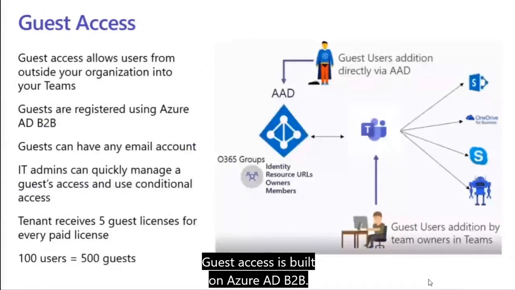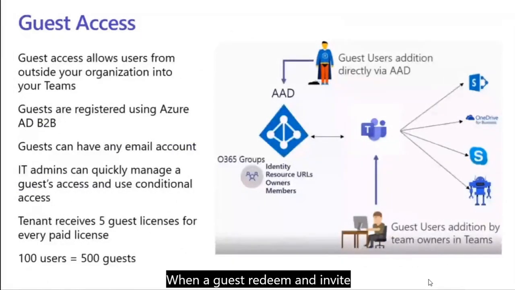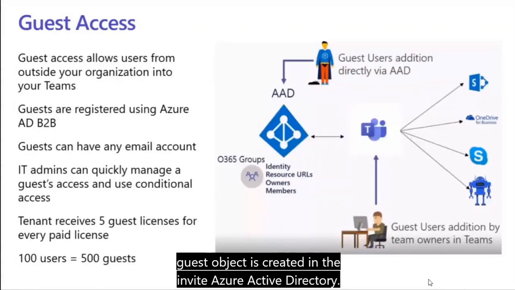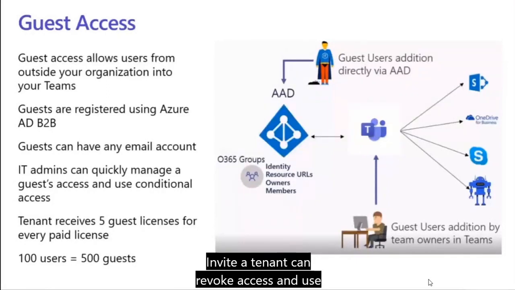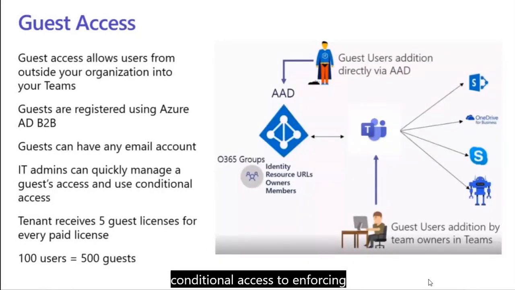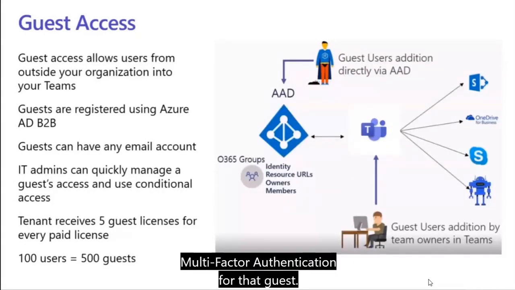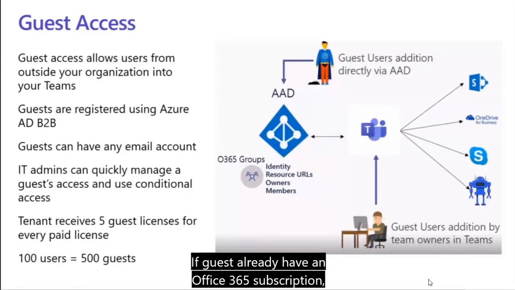Guest access is built on Azure AD B2B. When a guest redeems an invite, a guest object is created in the inviter's Azure Active Directory. The inviter's tenant can revoke access and use conditional access to enforce multi-factor authentication for that guest. If guests already have an Office 365 subscription, they won't consume one of the guest licenses.